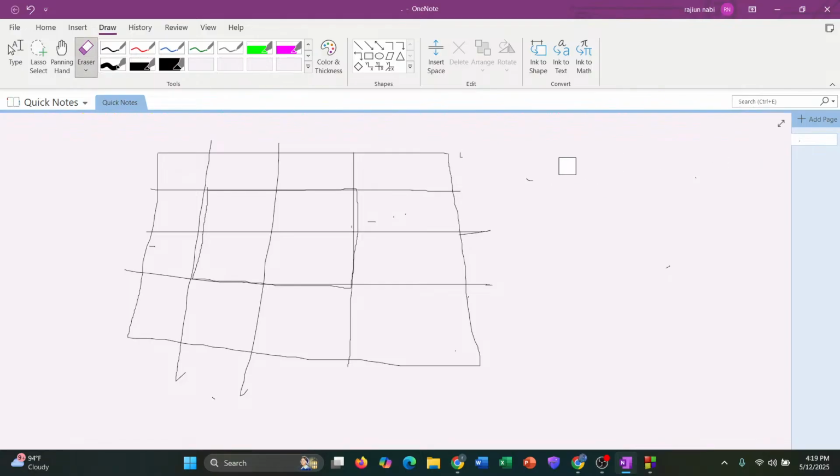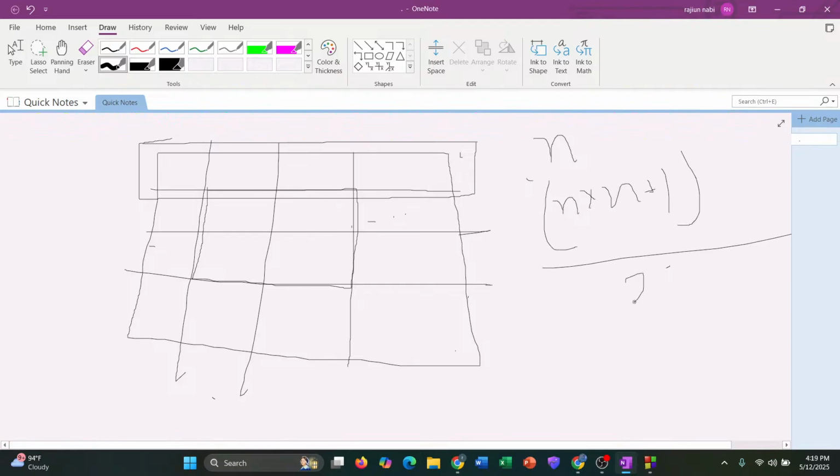If we calculate this, first think about how many possible combinations are possible for only one row. If the size is n, the number of possible subarrays from one single row will be n into n plus 1 divided by 2, right?